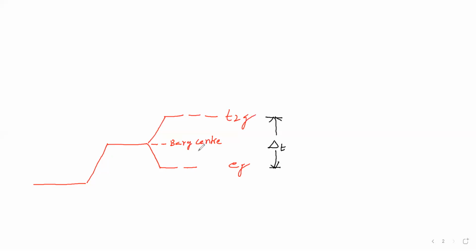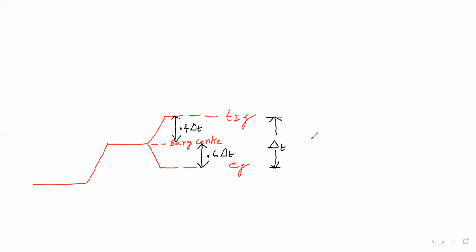The barycenter to EG set energy difference is 0.6 delta T. The T2G set to barycenter energy difference is 0.4 delta T. The T2G and EG difference is delta T. Delta T means crystal field splitting energy in the tetrahedral complex.